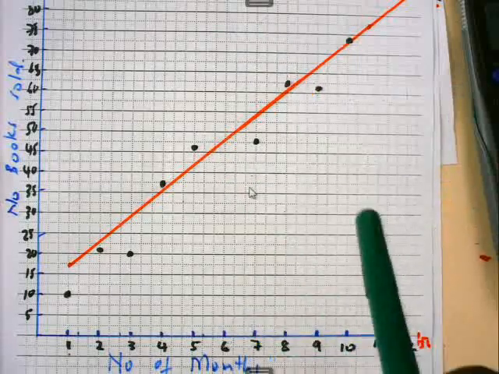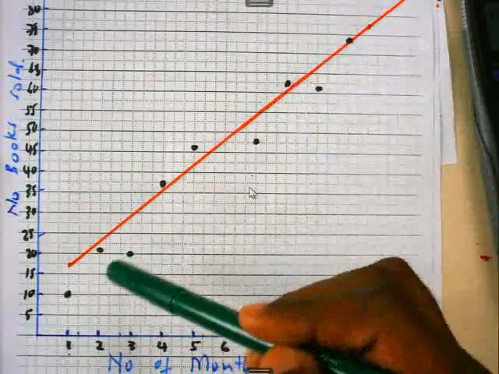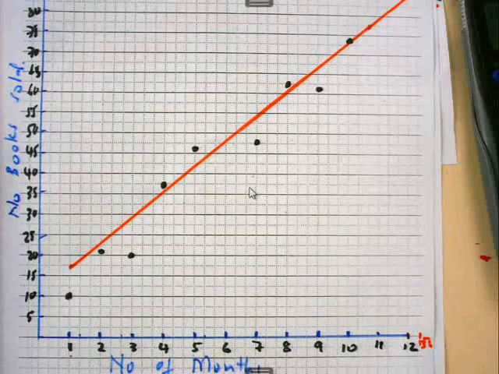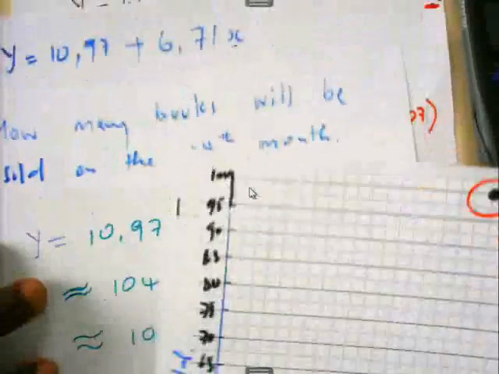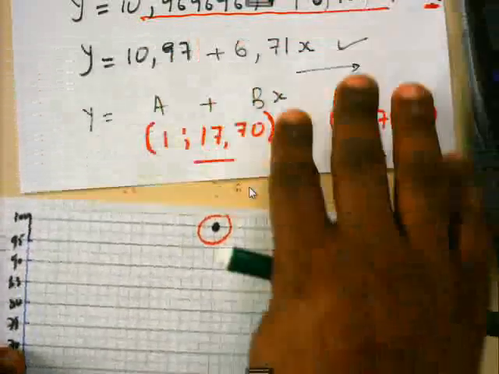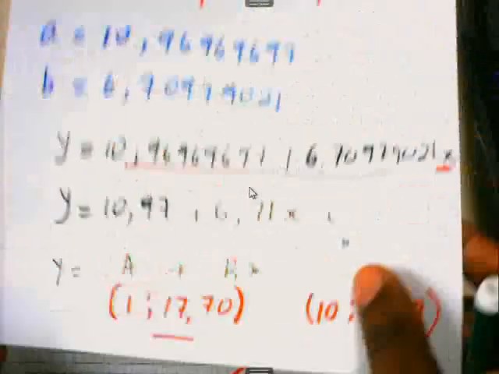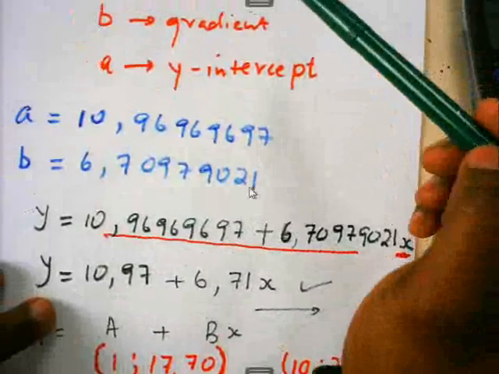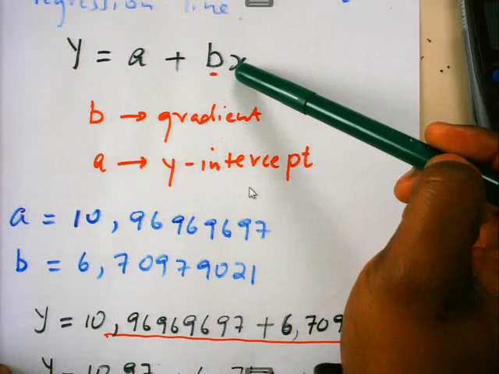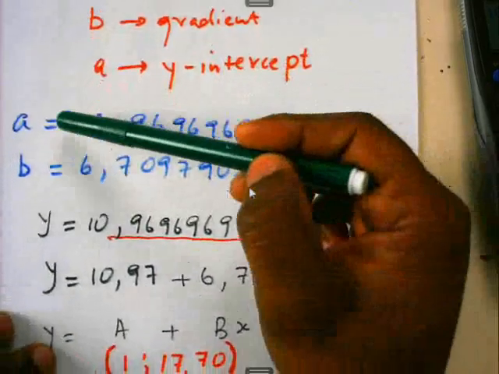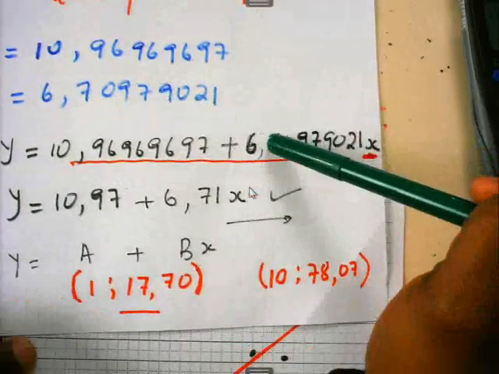But for you to draw the line of best fit, since it is going to be a very accurate line, you need your calculator. And from the calculator, you must first find the equation of the line. We went through the procedure of the calculator. It will give you the value of A, the value of B, which is the gradient. You substitute them in there.